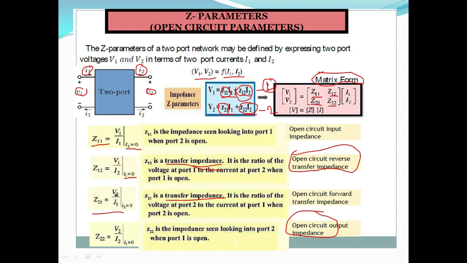Z21 is the ratio of output voltage to the input current when the output current is equal to 0, which is called the open circuit forward transfer impedance. And Z11 is equal to V1 upon I1 when I2 is equal to 0, which is called the open circuit input impedance.